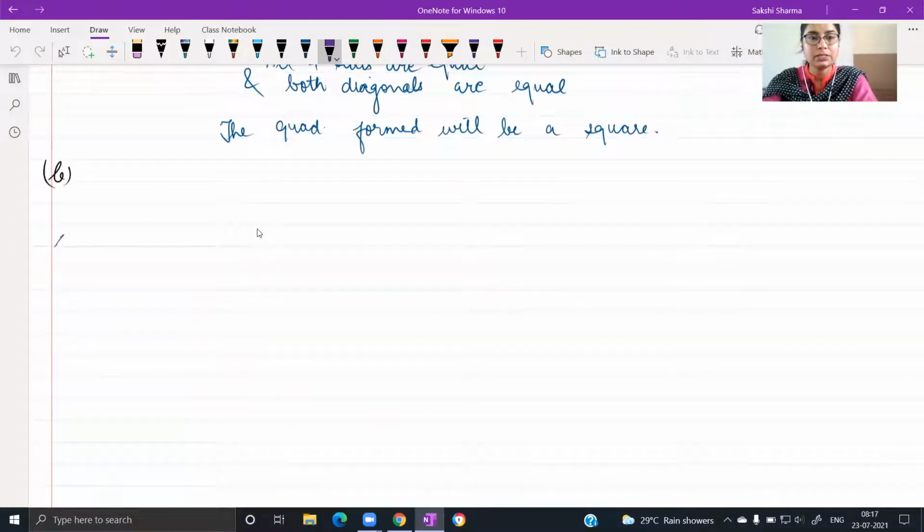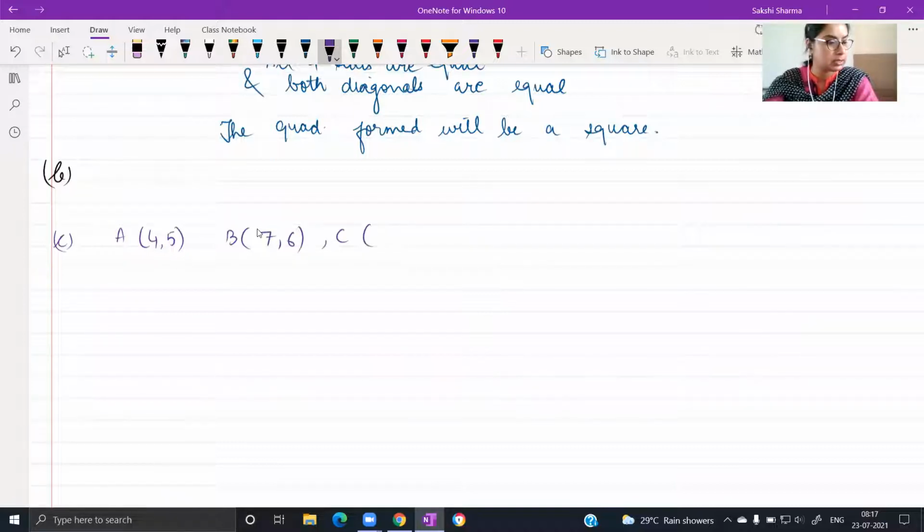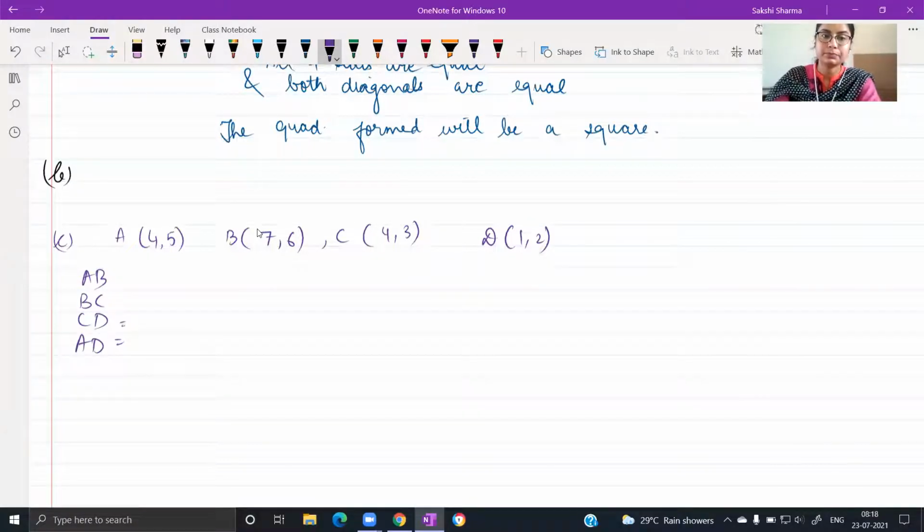All right. So in C part, if we take the points as A is 4, 5. B is 7, 6, and C is 4, 3. Then D is 1, 2. Lengths AB, BC, CD, AD. AB is root 10 units.